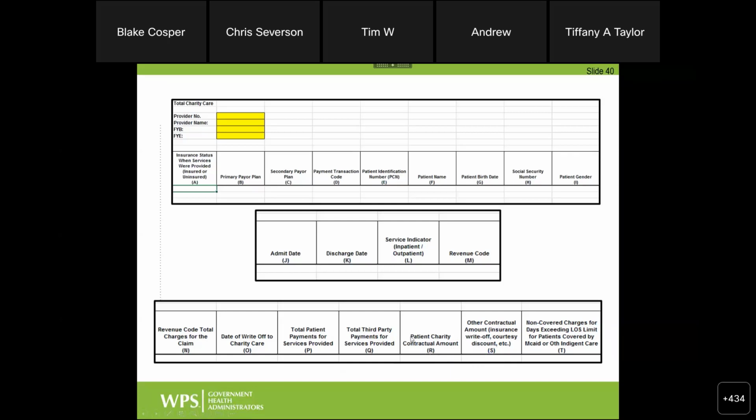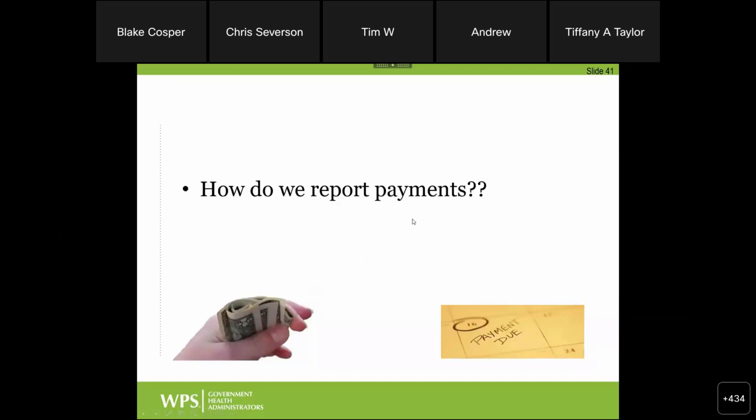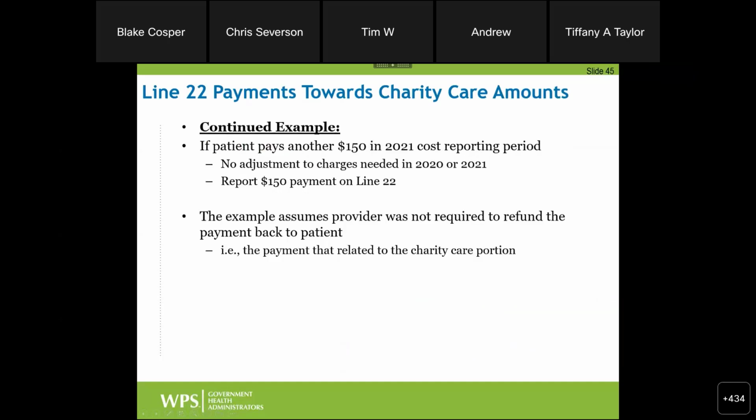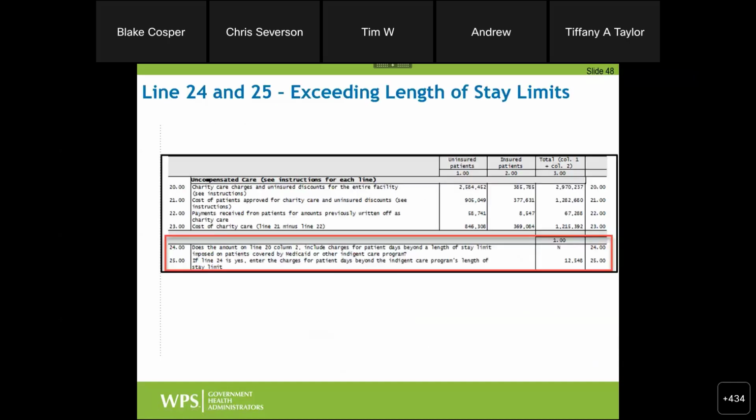But column R is the charity care we're looking for. Column T is where we bring in that special situation where you have the exceeding length of stay limit for patients covered by Medicaid. We need to have that number separately reported because it goes in a separate line, line 25. We talked about the payments already. And now we'll talk about this line 24 and 25 a little bit more.